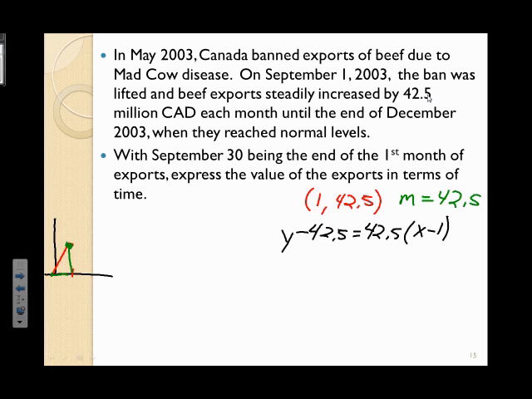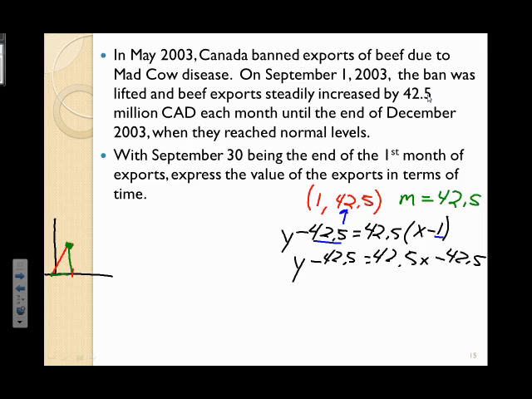So again, when we're looking at this, the 42.5 comes from the y value, and the 1 comes from the x value here. Now we just simply do the algebra. y minus 42.5 equals 42.5x minus, so we take 42.5 times minus 1, 42.5.